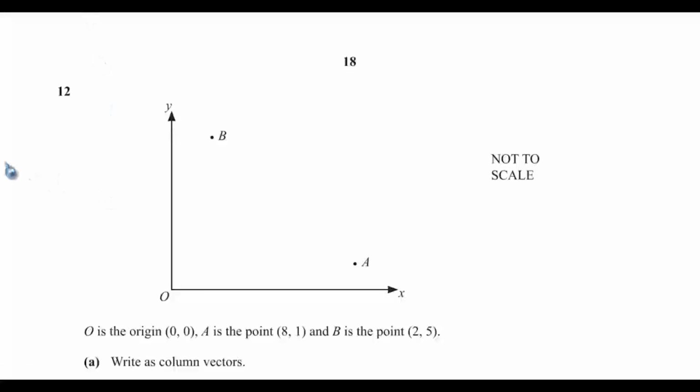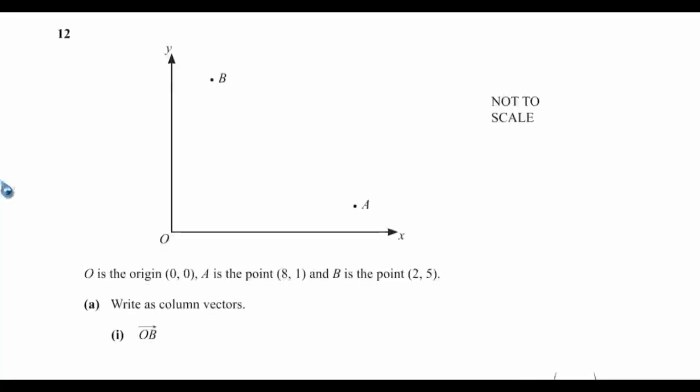Question 12. O is the origin with these coordinates. A is the point with this coordinate and B is the point with these coordinates. Write as column vectors OB.